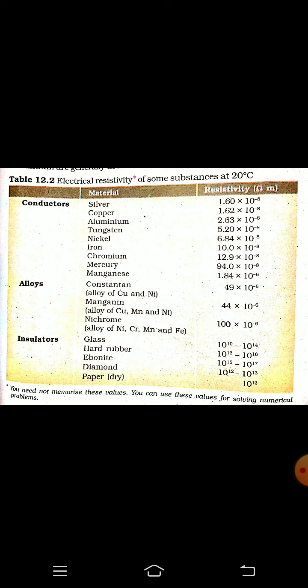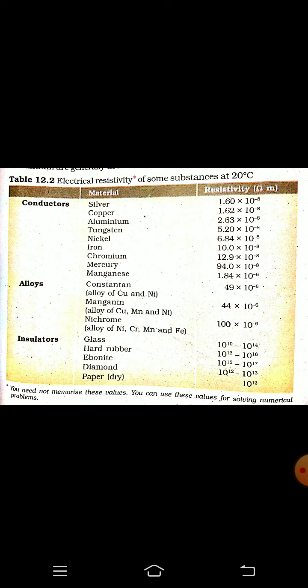Now, what we can see from this table is that the pure conductors will have less resistivity than the alloys. For example, in number 1, for different conductors, silver, copper, aluminum, tungsten, nickel, the resistivities are given. Look at the resistivity of copper, which is 1.62 into 10 raised to minus 8. See the resistivity of nickel, which is 6.84 into 10 raised to minus 8.